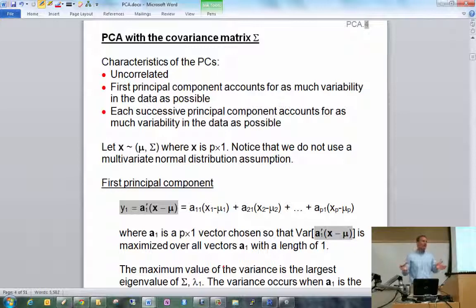Well, in statistics, we often equate information about your data with variability. You've seen this in regression settings. You've seen this in ANOVA settings. You want to be able to explain as much information, as much variability about your data as possible.